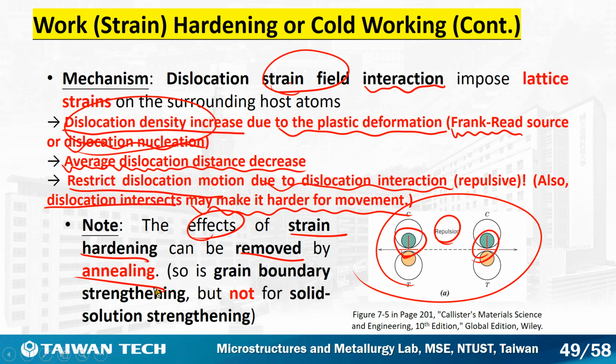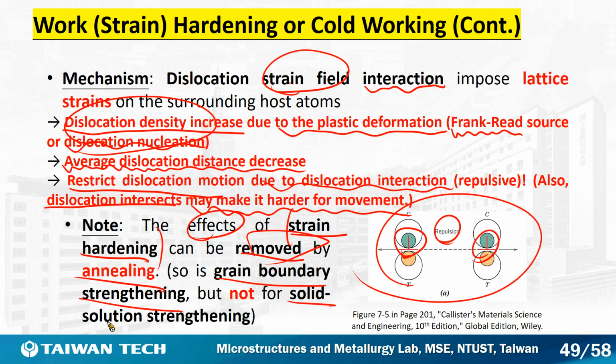So when we put the metals in an oven at a high temperature, recovery, recrystallization, or grain growth will occur, and then this effect will be removed. Okay. Grain boundary strengthening can be removed as well.